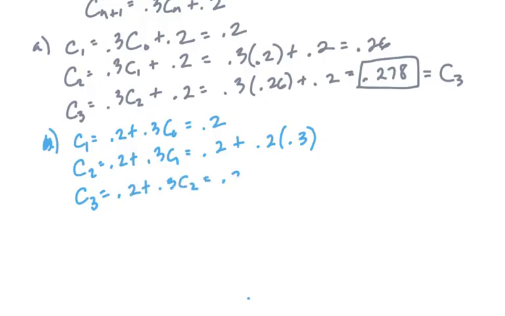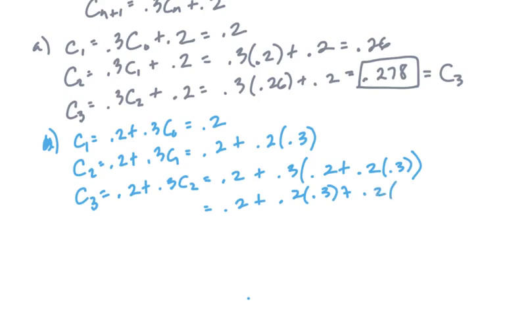So we have 0.2 plus 0.3 times, and C2 is 0.2 plus 0.2 times 0.3. So if we distribute that, we're going to have 0.2 plus 0.2 times 0.3 plus 0.2 times 0.3 quantity squared.